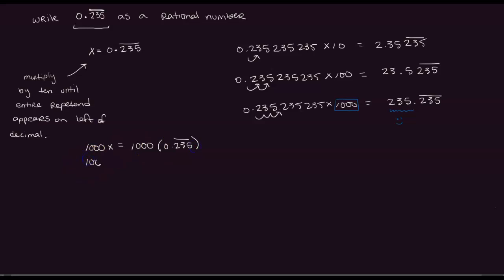That becomes 1,000x is equal to 235.235 repeating. So that's the equation that we're going to use with the original one that we created. So I'm going to write the 1,000 equation first, and then I will subtract the x equation second.